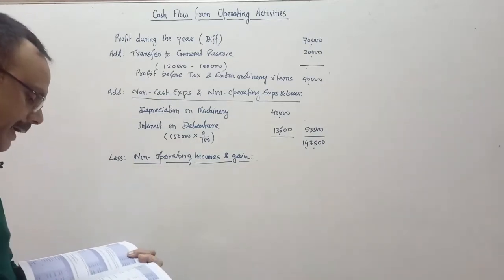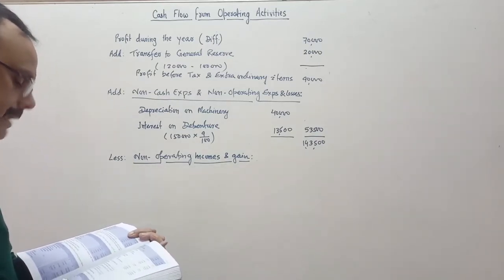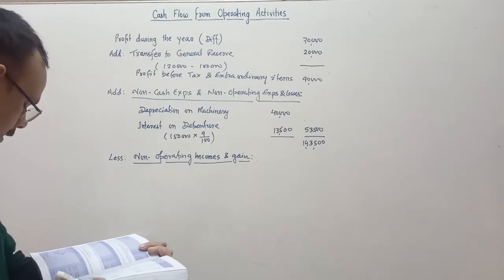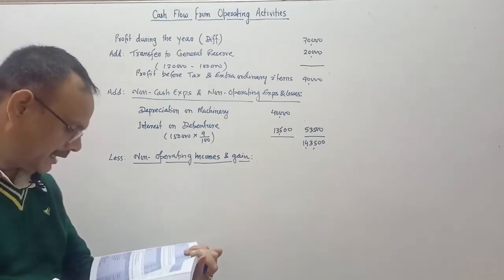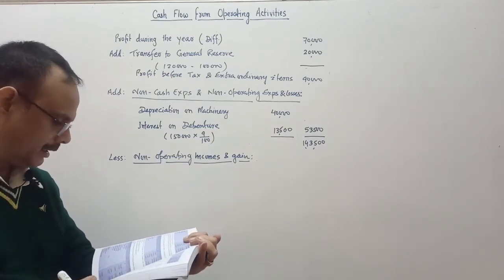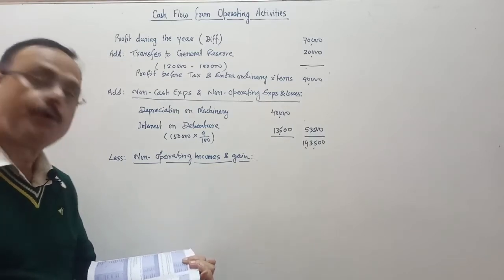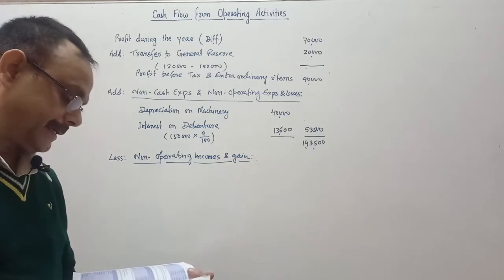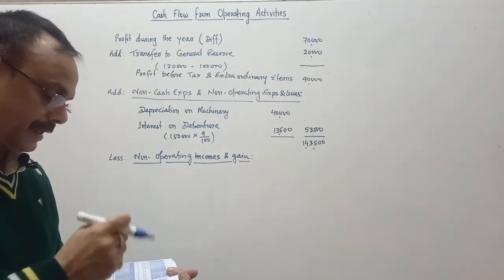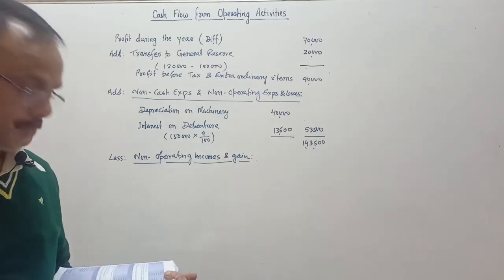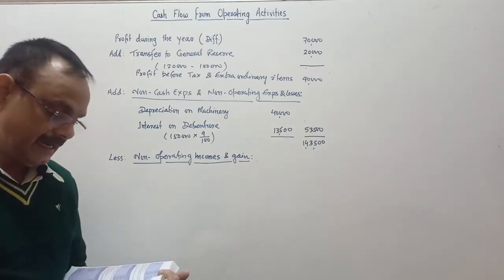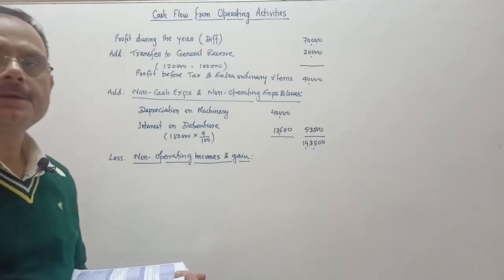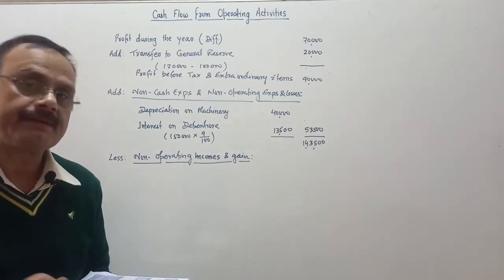So non-operating incomes and gains, there is an investment. On the asset side you see there is a non-current investment, and you see the note number 4, interest on investment is at the rate of 8%. And again you refer additional information number 2, where it is clearly mentioned that additional investment was made on 1st April 2017.